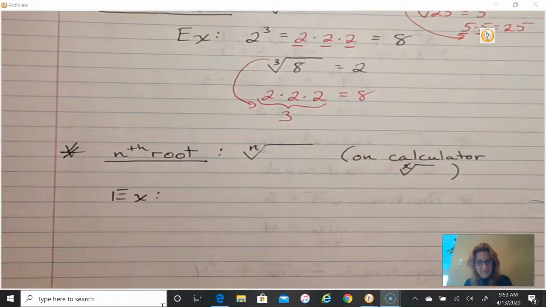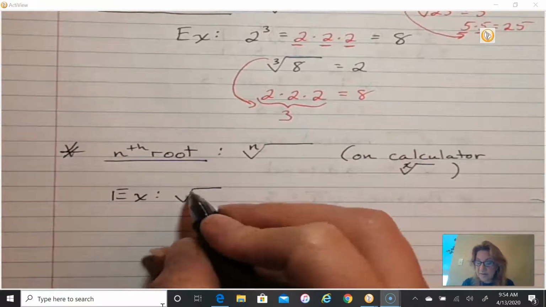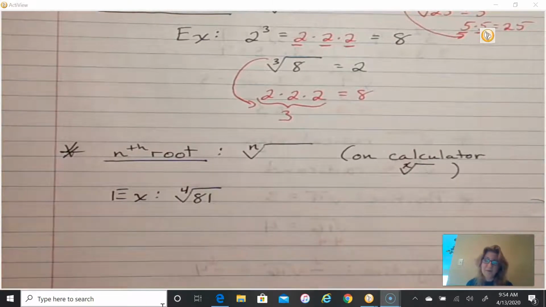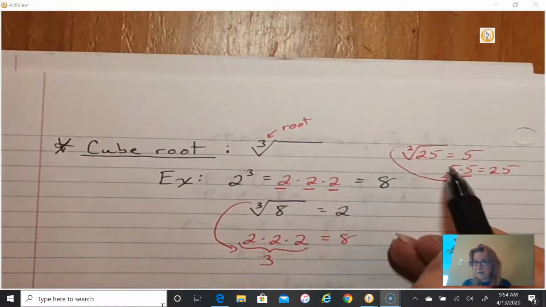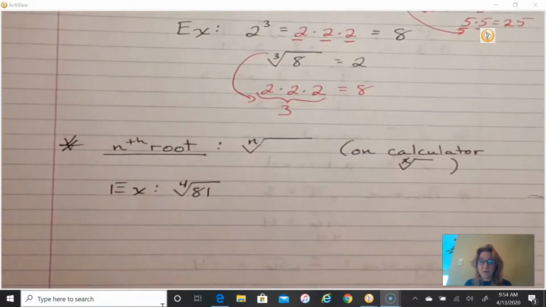Okay. Let's say I have, what is the 4th root? Instead of like the square root or the cube root. Remember, this is square, cube. Now we're going to use a 4 there.